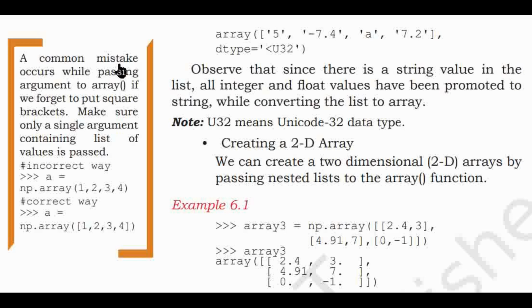A common mistake occurs while passing the argument to the array function. If we forget to put square brackets, make sure only a single argument containing a list of values is passed. The incorrect way is np.array(1, 2, 3, 4) with parentheses, and the correct way is np.array([1, 2, 3, 4]).